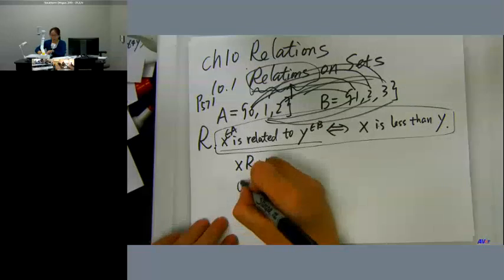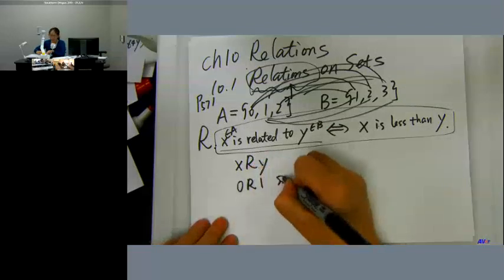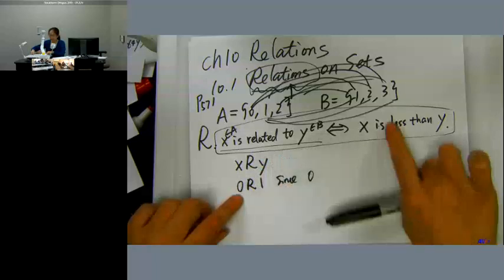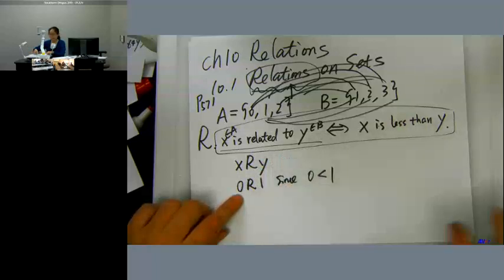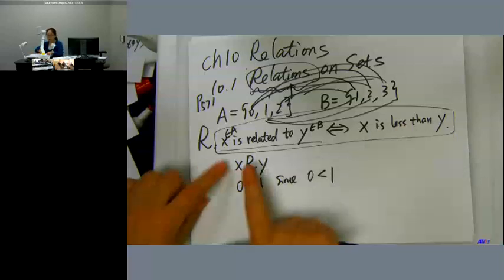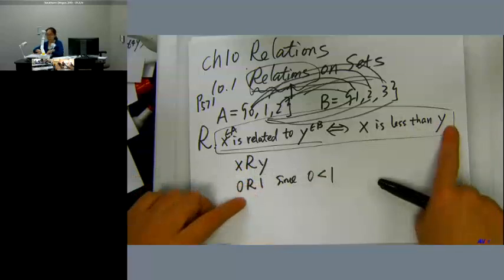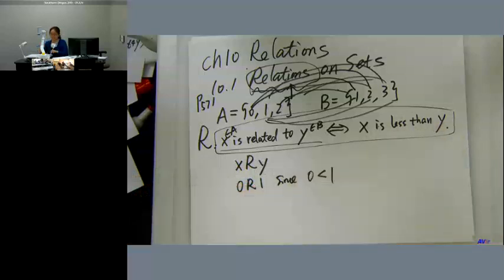Yes or no? Yes, right? Why is 0 related to 1? Because 0 is less than 1. It meets the definition. The first number, 0, is less than the second number, 1. Then you say 0 is related to 1.